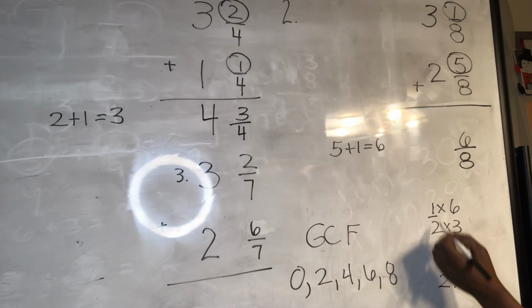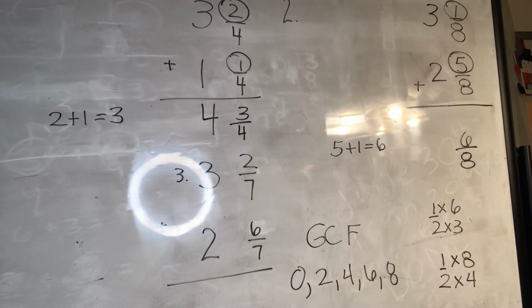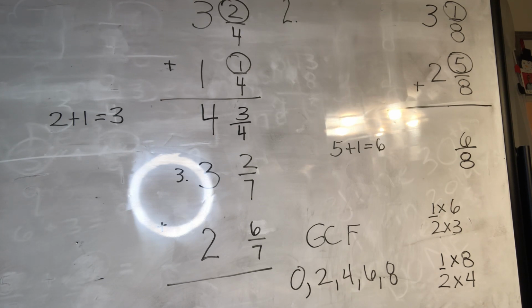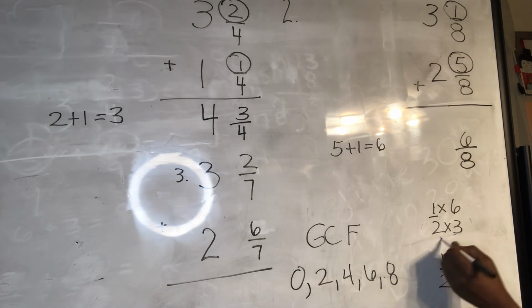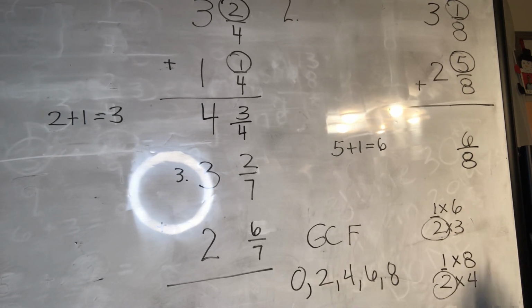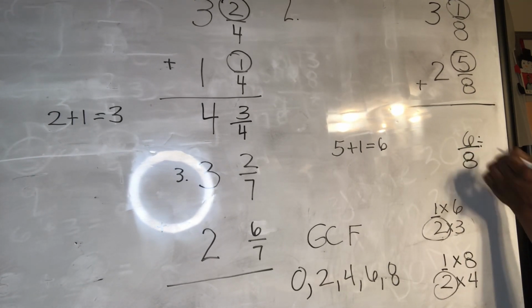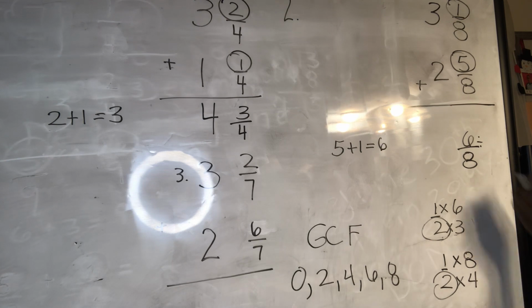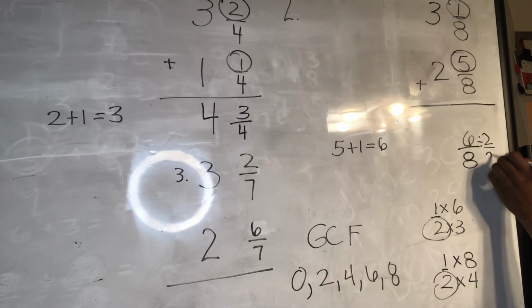Those are the 2 ways to get 6 and the 2 ways to get 8. We know we cannot use our ones, so we look to see what do they have in common. What do 6 and 8 share as far as the GCF, Jamia? What number do they share? A 2. Exactly, they share that 2. So we're going to go ahead and divide our 6 over 8 by 2 over 2.